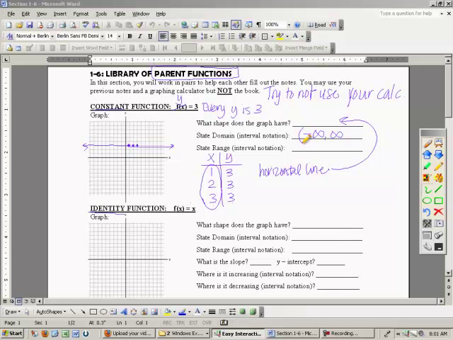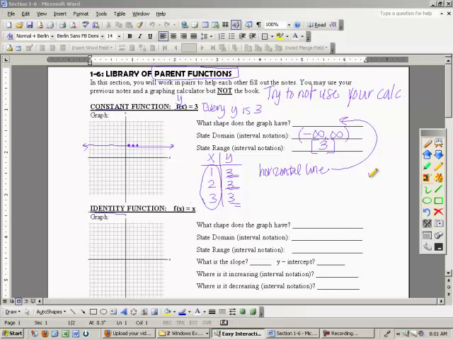Because it needs to be in interval notation, don't forget that infinities need parentheses. The range, what do the y values have to be? Well, every y value has to be 3. And because 3 is the only number we have, and we want to include it, I'm going to use a bracket.